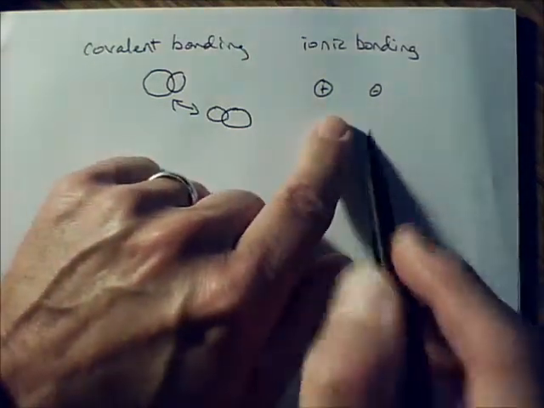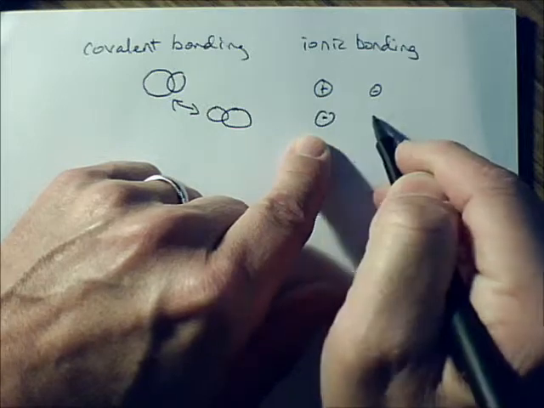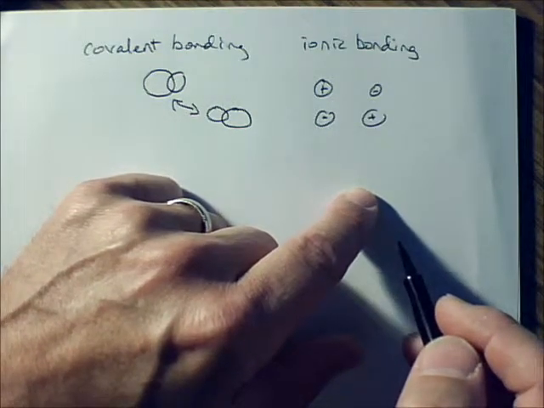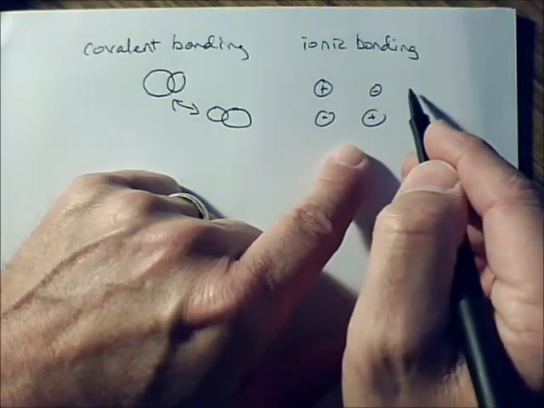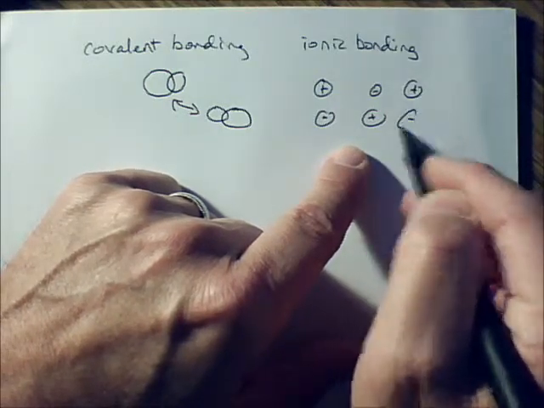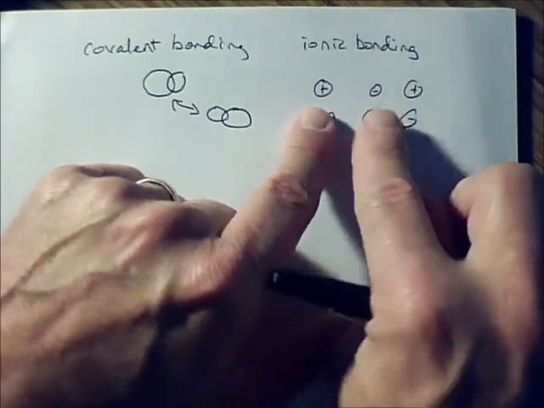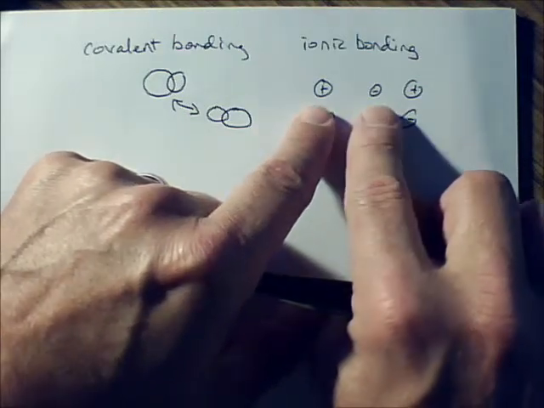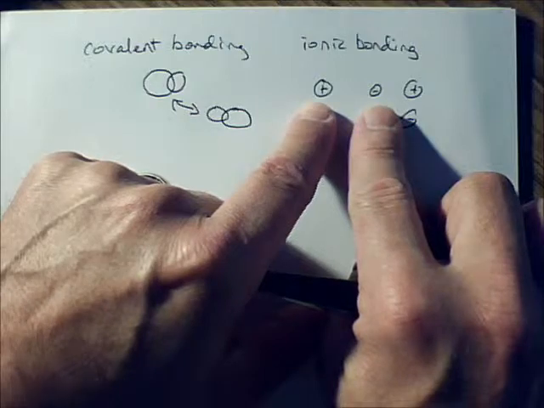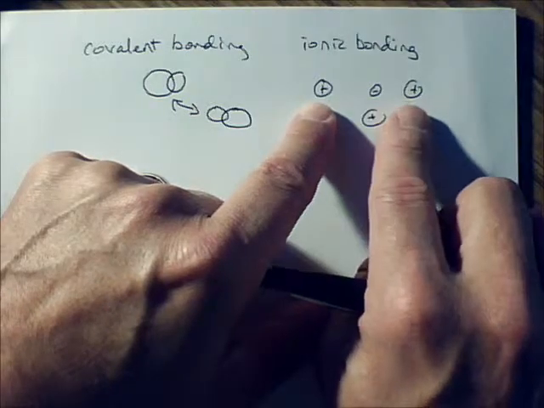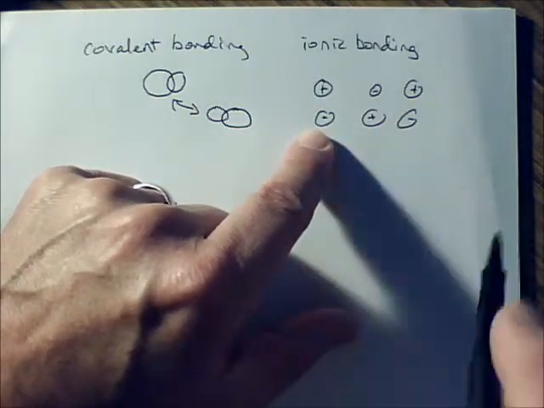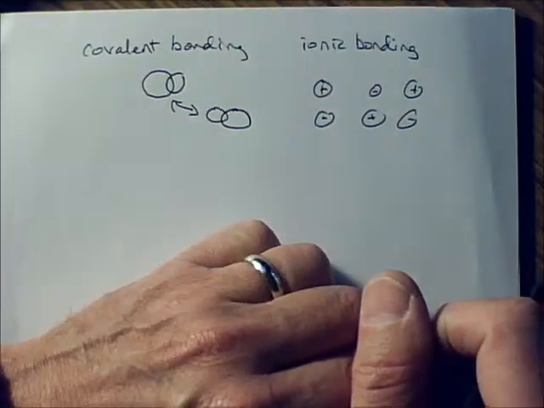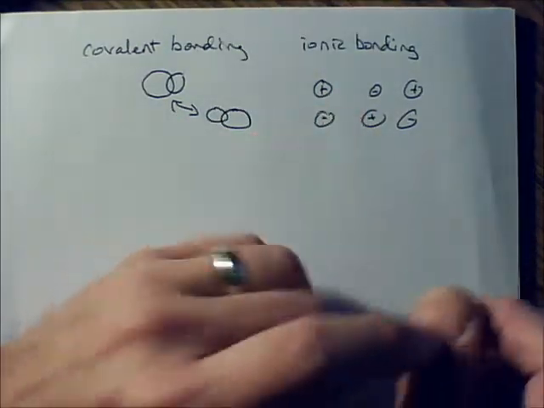Like how it affects what state it's in. With ionic bonding, you've got all these negative and positive charges, and they don't just stop with two. This positive charge particle, and it might be 2 or 3 positive, is attracted to this negative one, and that's attracted to this positive, and so forth, and you get these really large structures all stuck together in a crystal, at least when it's not in water.